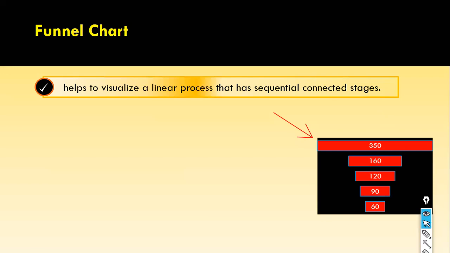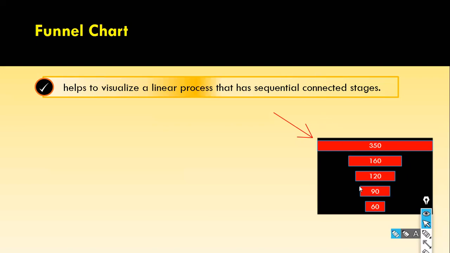Then you conduct a webinar: you share the webinar link and give a demo about your product or service. Only 120 people join that webinar. Out of the 120 people, when you shared the proposal, 90 people received it. And ultimately, only 60 people subscribed for your product or service.